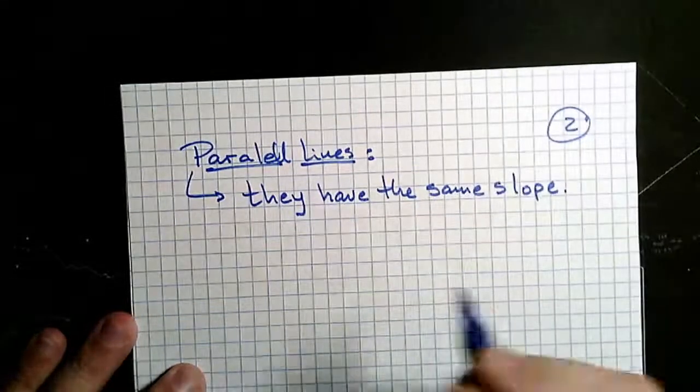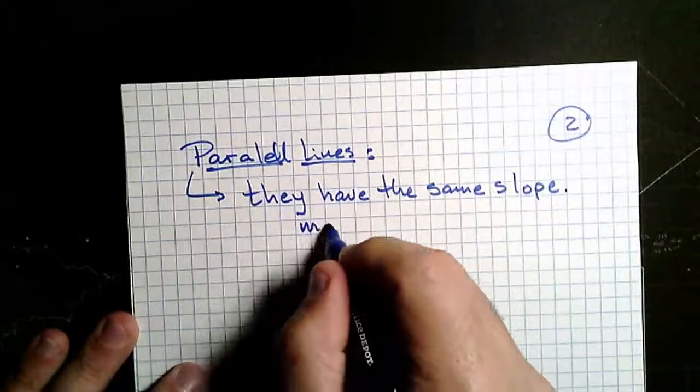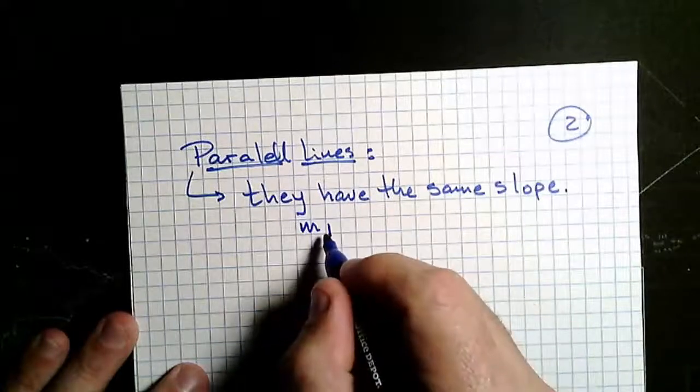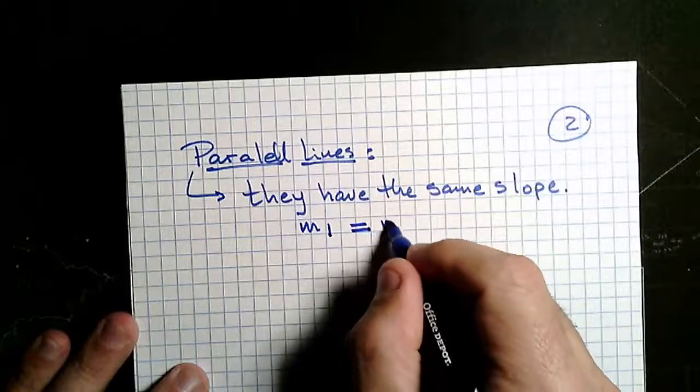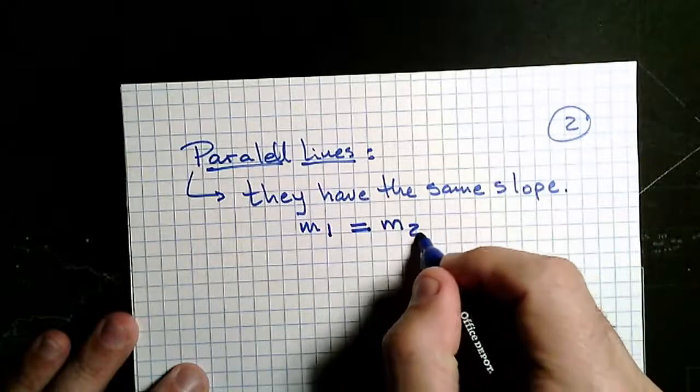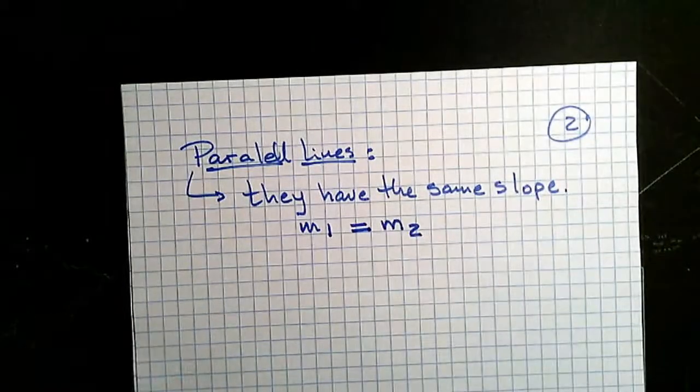In other words, if I have m1, the slope of line 1, it has to be equal to the slope of line 2. So in this situation, we will have lines that are going to be parallel, okay?